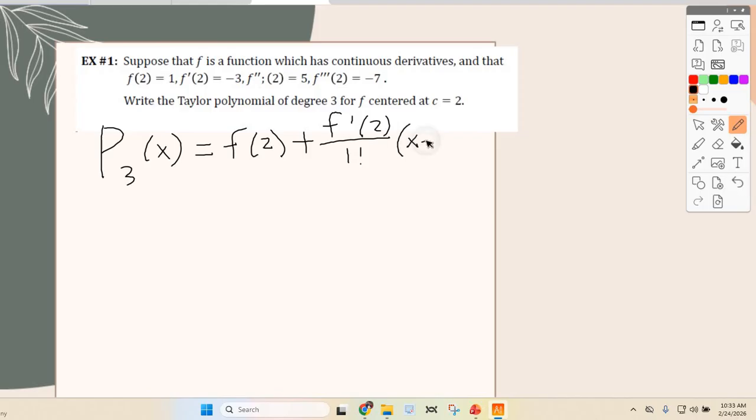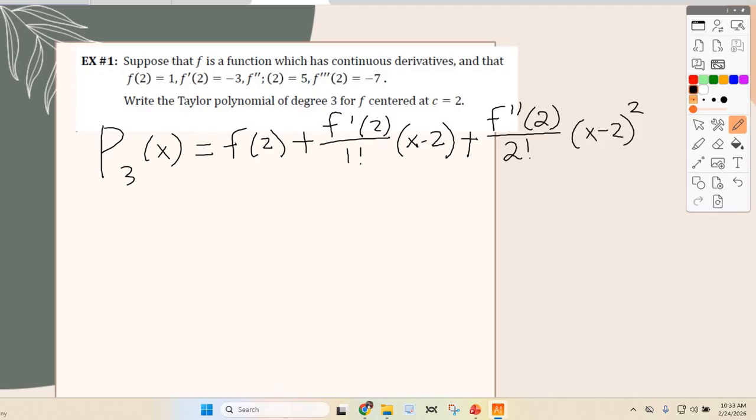x minus our c value, plus f double prime of 2 divided by 2 factorial times x minus 2 squared this time.